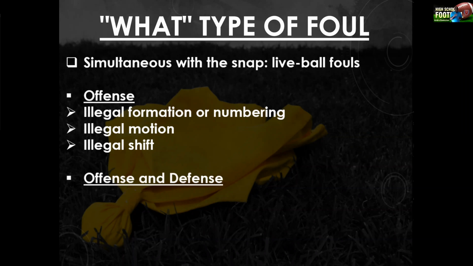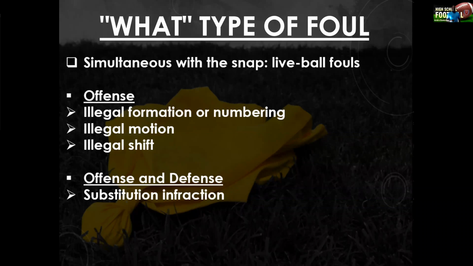Okay, so what are a couple of offense and defense fouls simultaneous with the snap? A substitution infraction, right? What do we mean by this? Let's say a player comes on the field, he has to be on his side of the neutral zone before the ball is snapped. If he's not on his side of the neutral zone before the ball is snapped, we have an illegal substitution. A live ball, it's not a dead ball.